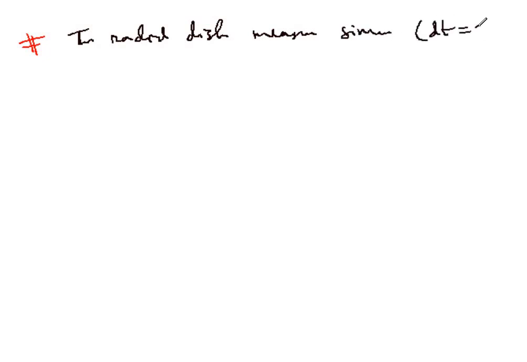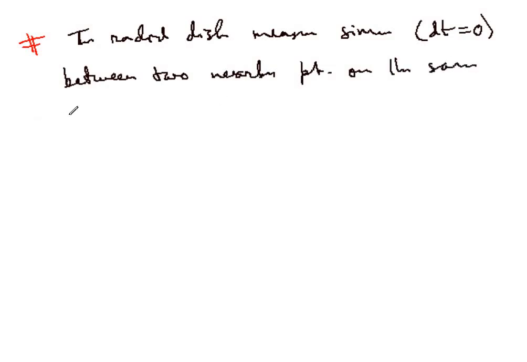Now you see the radial distance, which is measured simultaneously, that means dt is equal to 0, between two nearby points on the same radial line.